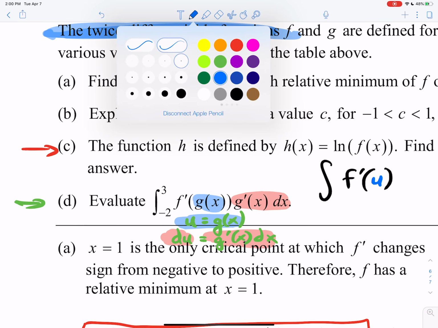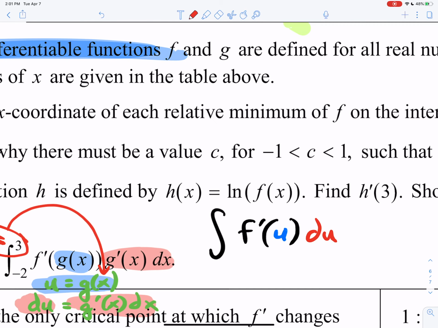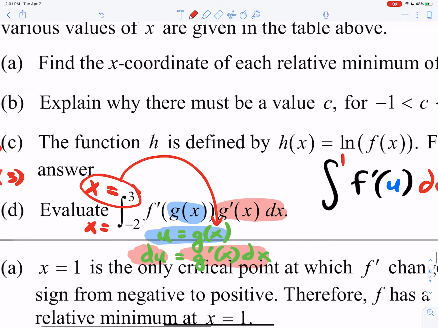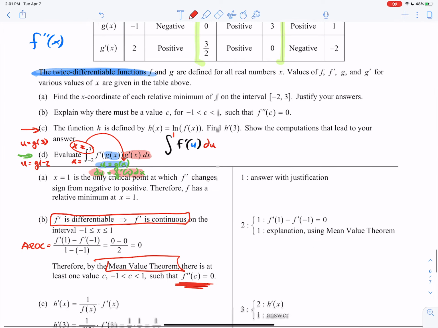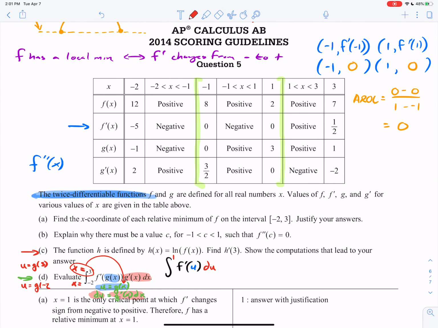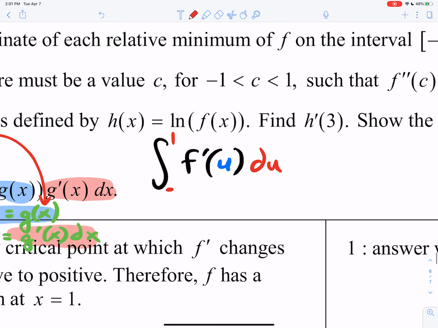Take a look back at your table. g of 3, if you're looking at the table carefully, should be 1. So your new upper bound is going to be 1. If you plug in -2, u will equal g of -2. If you look at the table again, g of -2 should be -1. So here you go, that's the first big step.